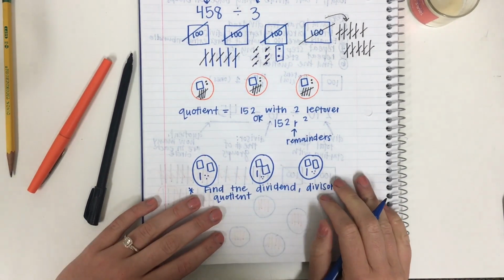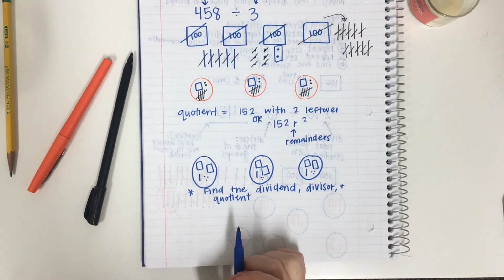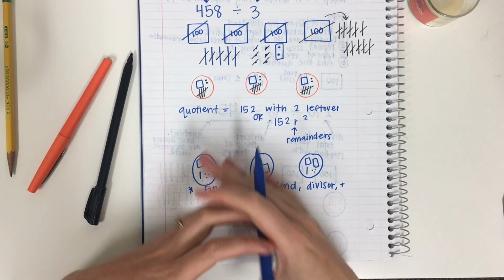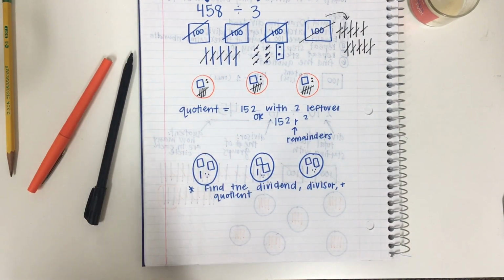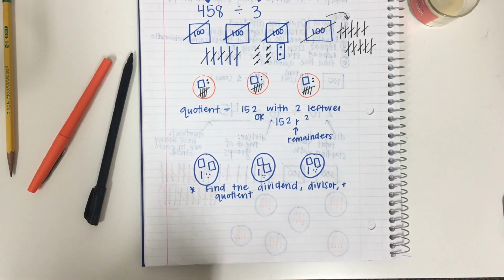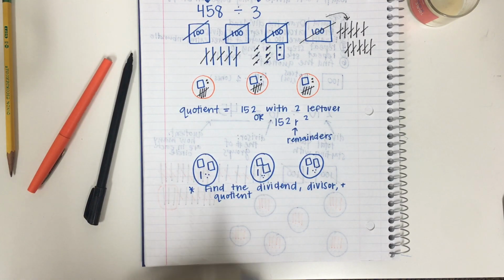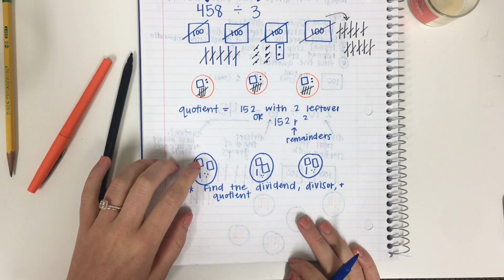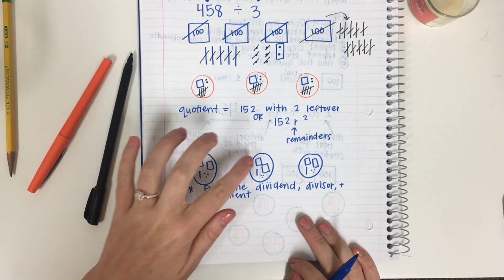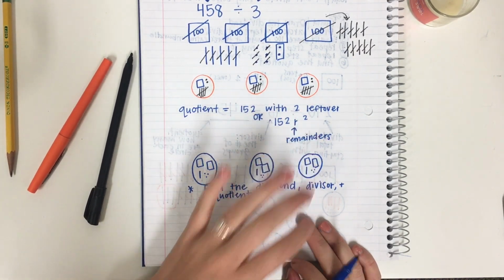So all we need to know is how to interpret a base 10 model. So we know that the dividend is a total amount, so it's everything put together. So all we have to do is count everything that's in each circle. So we could do 100, 200, 300, 400, 500, 600.